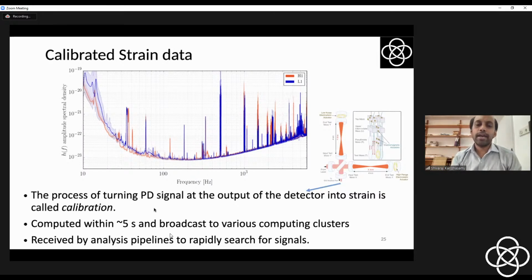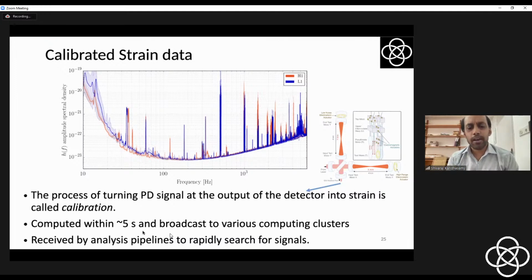And in LIGO, we have set up the pipeline so that this happens very fast, at the level of 5 to 10 seconds, so that we can use this data for analyzing in real time and sending alerts to optical telescopes so that they can do follow-up. This data is also received by the rapid analysis pipeline that looks for these signals online, so that follow-up can be done easily.